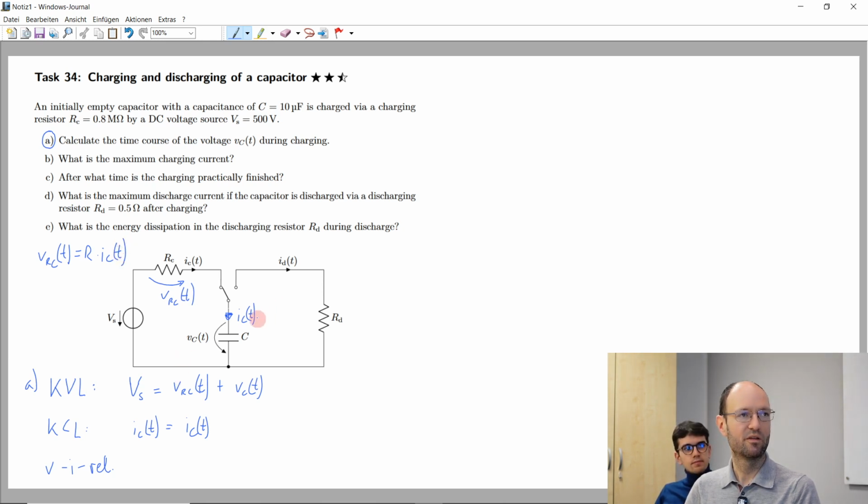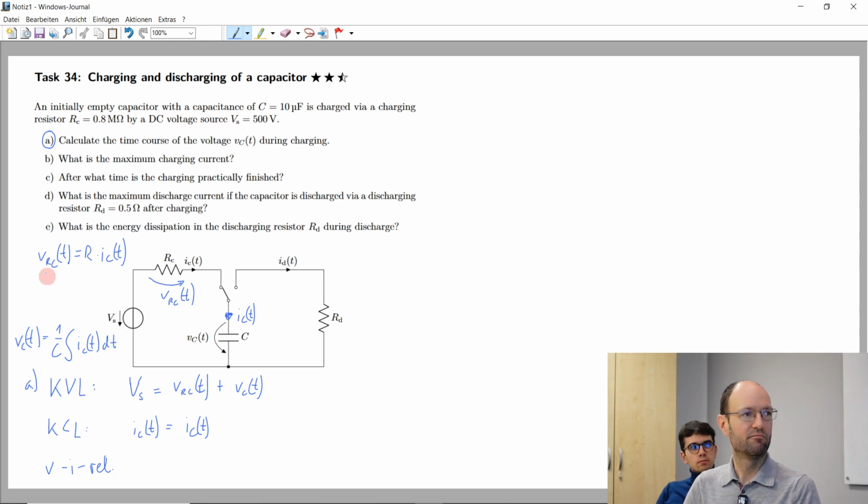And for the capacitor, we've also got something like an Ohm's law: V of t equals 1 over C times the integral of I of t dt. Yeah, exactly. I will also rather write it here at first. So we could say the voltage across the capacitor is 1 over C, and then the current integrated over time.